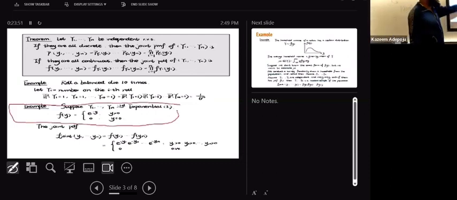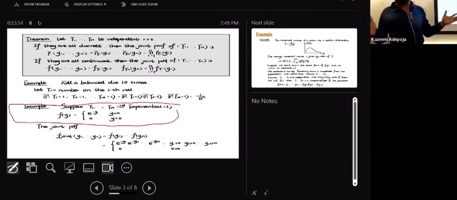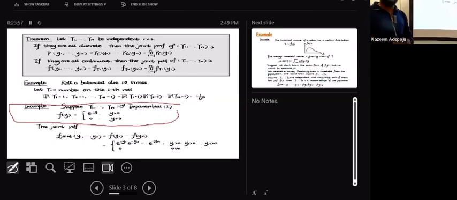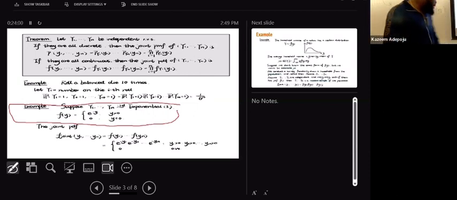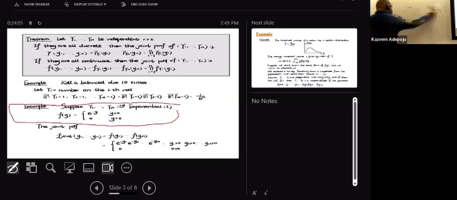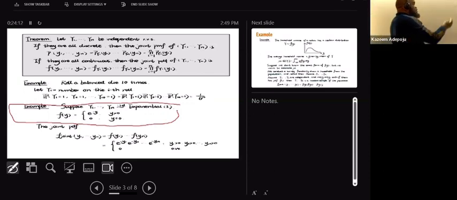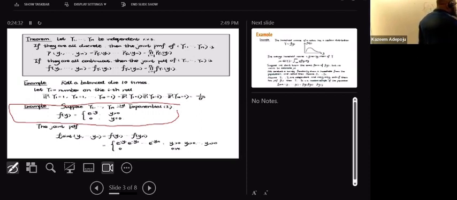Okay, suppose we have a random sample y1 up to yn that follows an exponential distribution. Remember the other time, if I follow an exponential distribution with parameter beta, my f of y is going to be 1 over beta times e raised to the power minus y over beta, with y greater than 0 and beta greater than 0.